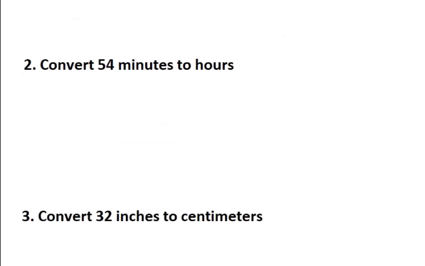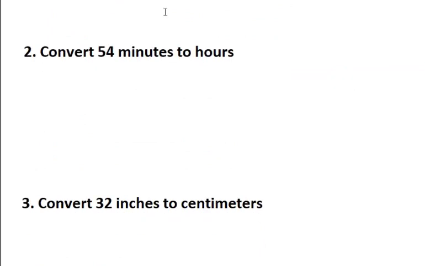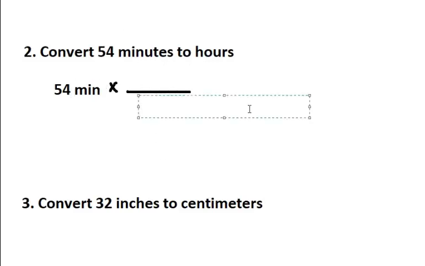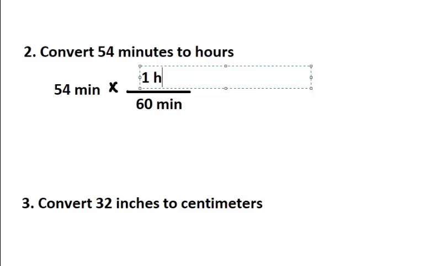So let's go with the next one. Convert 54 minutes to hours. Same idea. You put what you already know, 54 minutes. Then you're going to multiply with a fraction. The fraction has to be the identity that relates minutes and hours, and I am gonna have to put minutes down, so I'm gonna put down 60 minutes, and those are equivalent to 1 hour.